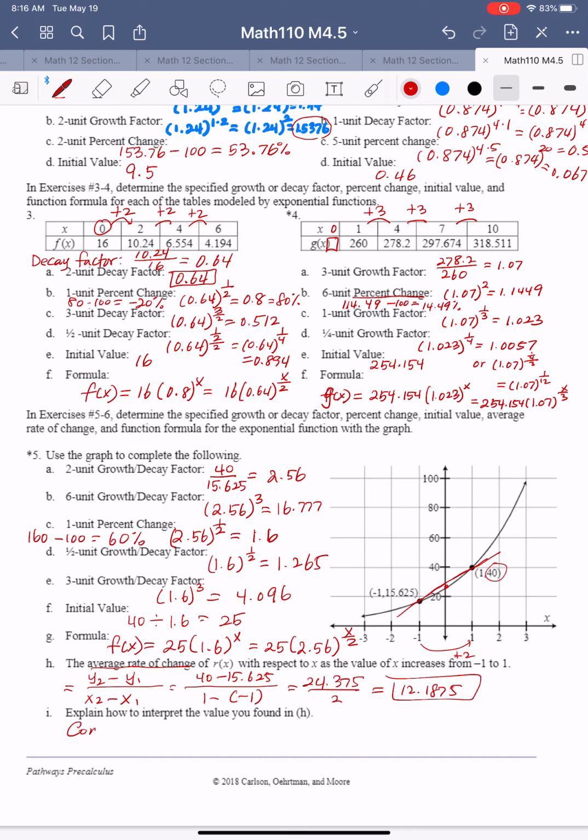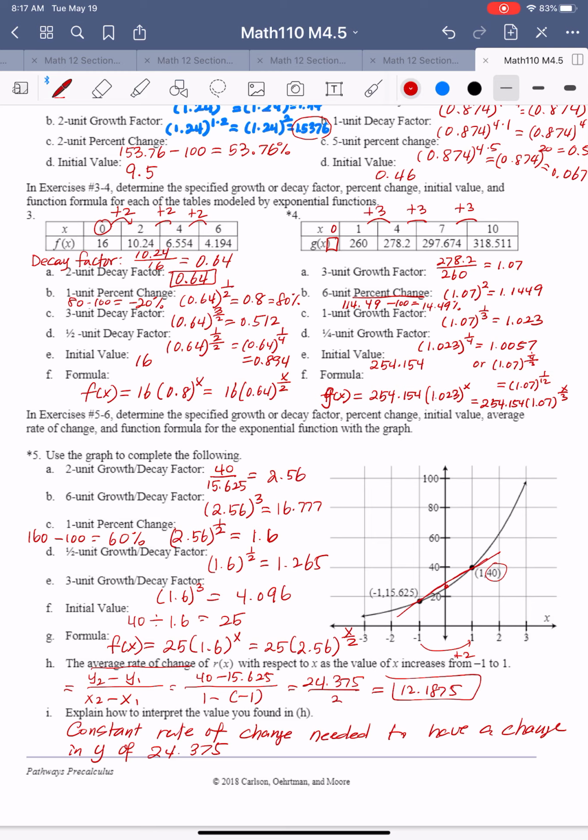Explain how to interpret the value you find in the h. So we have to say the constant rate of change needed to have a change in y of 24.375.